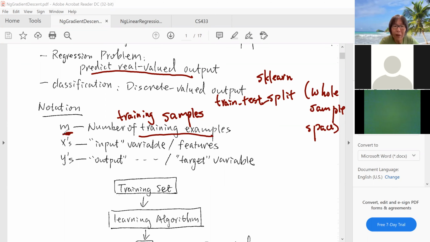So over here, the notation M represents the number of training examples. Previously we also learned that X is regarding features; in math we call them input variables. And Y is also a vector; in machine learning we call them target values, and in math you can also call them output variables.